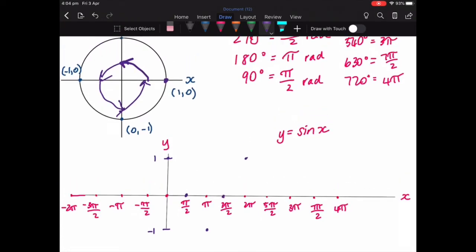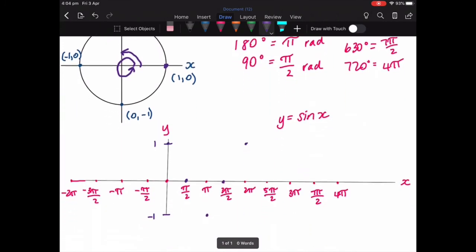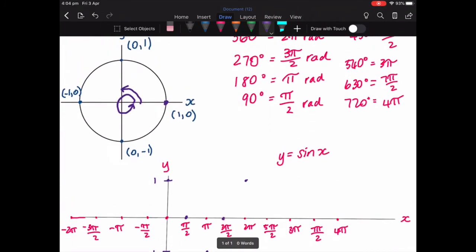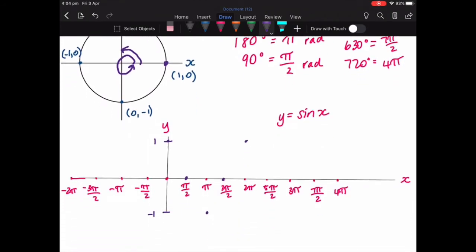And then it continues around. So hopefully you can see. Let me rub this out to make it a little bit clearer. So far we've gone all the way around. So now we're adding this on as well, another 90 degrees, which is what we did up here. So we're at 450 degrees, or 5 pi over 2 radians. And when we get back there, you can see this becomes a cyclical pattern.